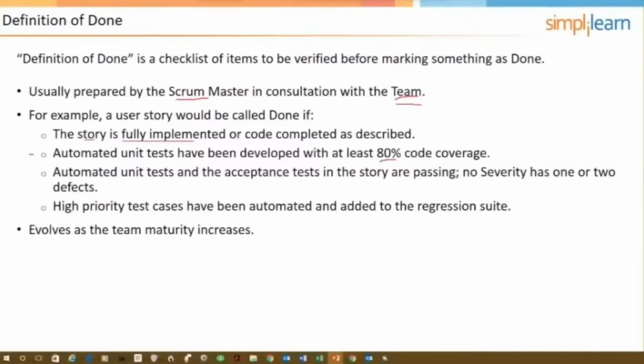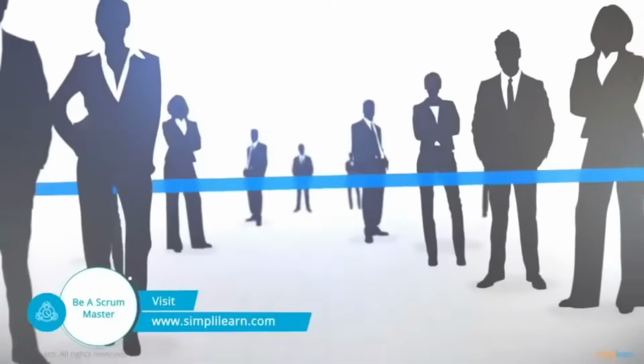Automated unit tests and acceptance tests of the story are passing. No severity 1 or 2 defects. And then high priority test cases have been automated and added to the regression suite. The definition of done, we point out, is likely to evolve as the team's maturity increases as the project advances.